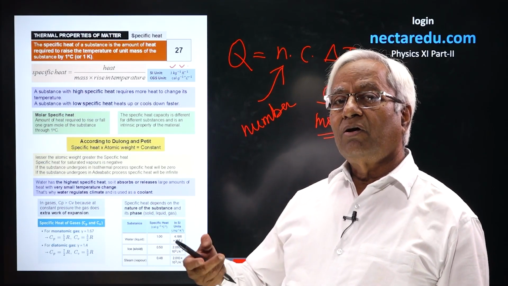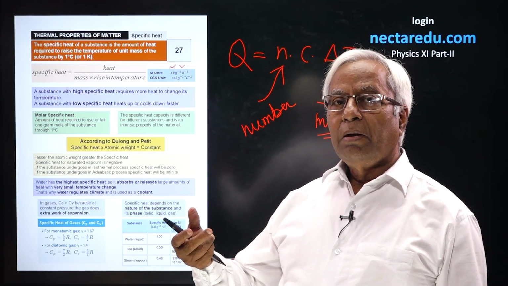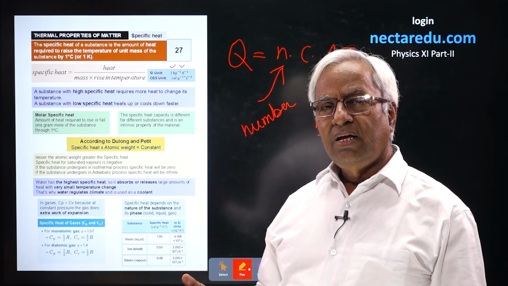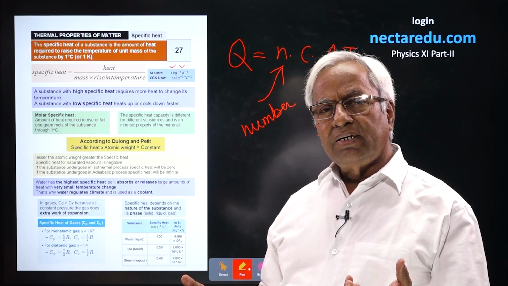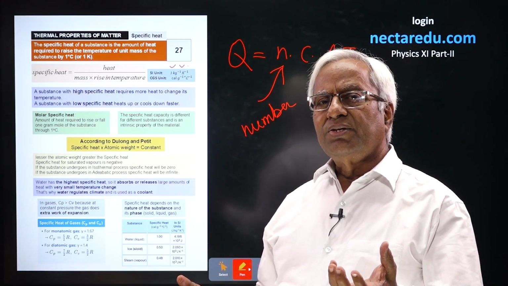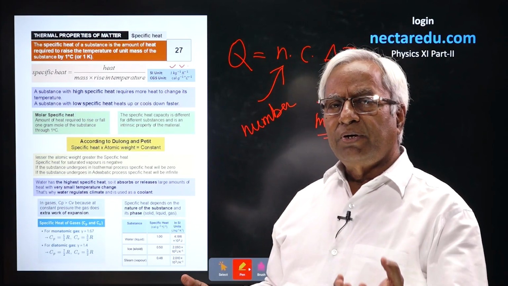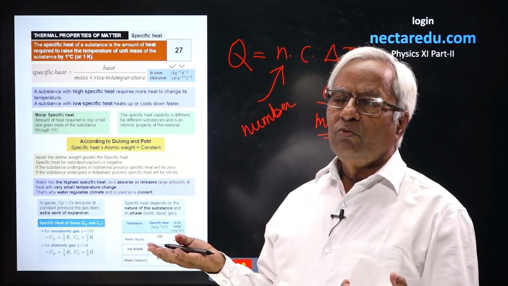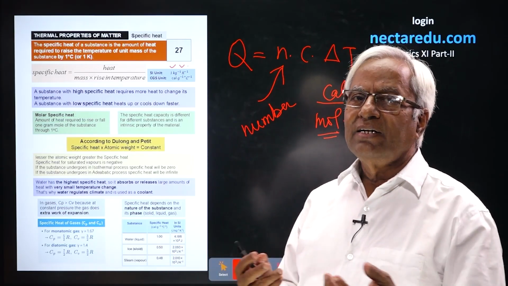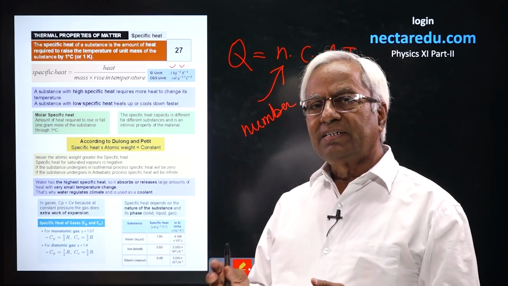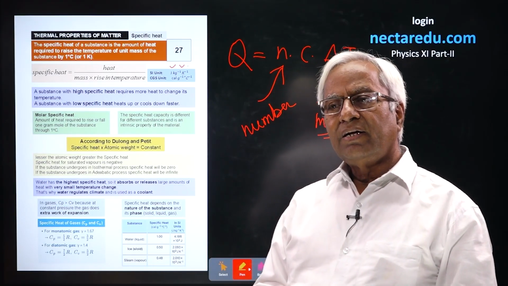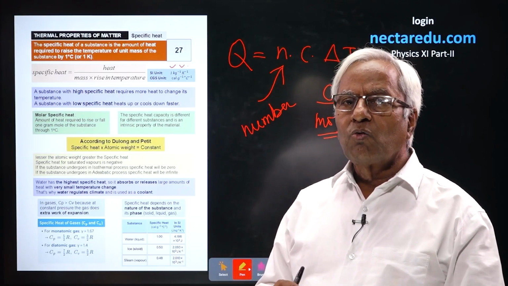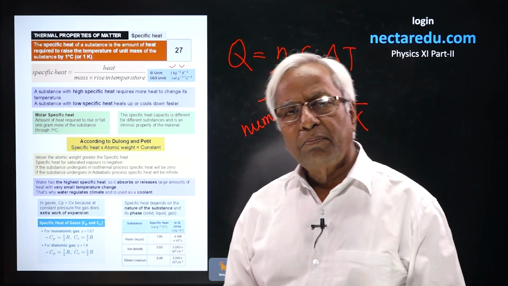Earth has become very hot in the month of summer. But since water has higher specific heat, this will require more amount of heat and it will be gradually changing its temperature. It will be comparatively colder than the ground. Water has lagged behind in heating. Similarly, in night time, water will lag behind in cooling, and that way we have water as a natural cooler for the general public.